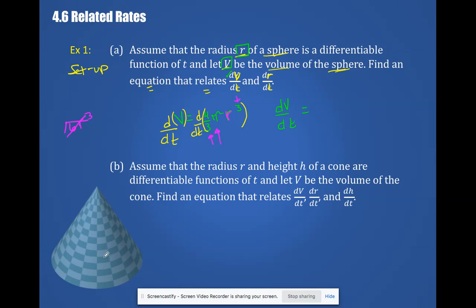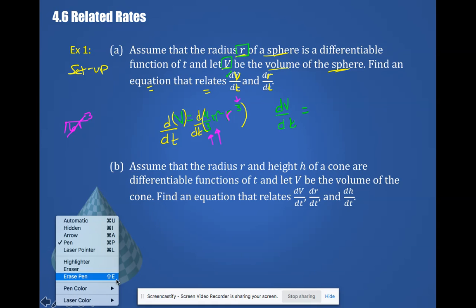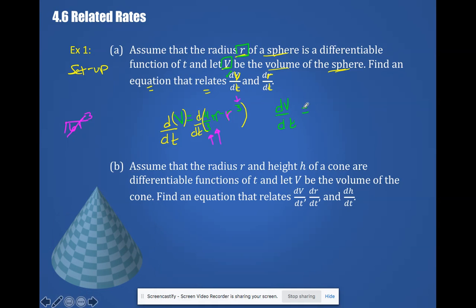That's the chain rule. So you are going to bring down the 3, multiply it times 4/3 pi, copy over r, reduce the exponent by 1, but then multiply times the derivative of r.